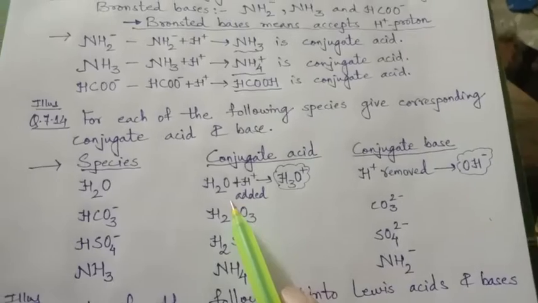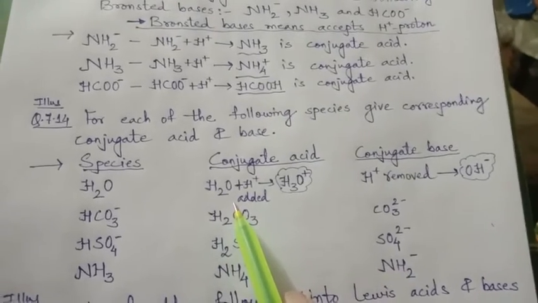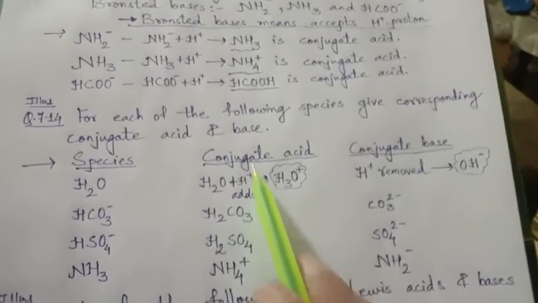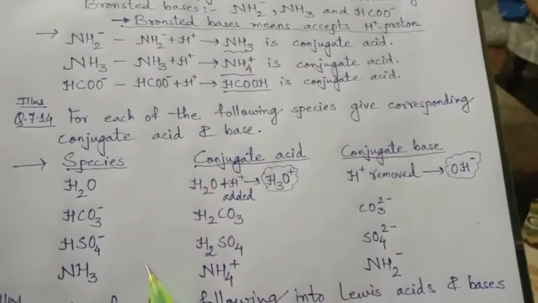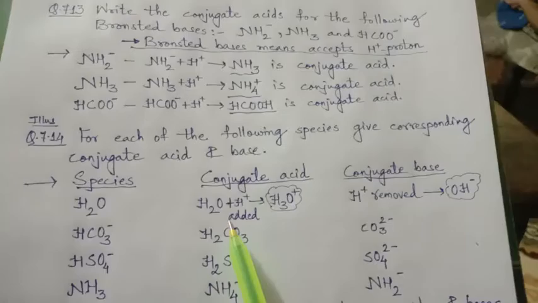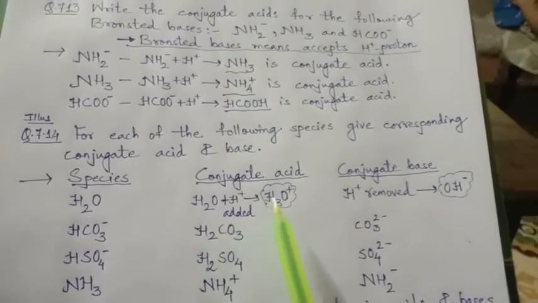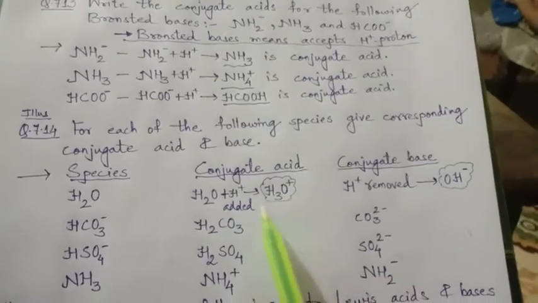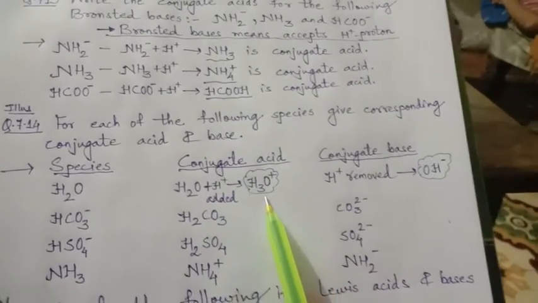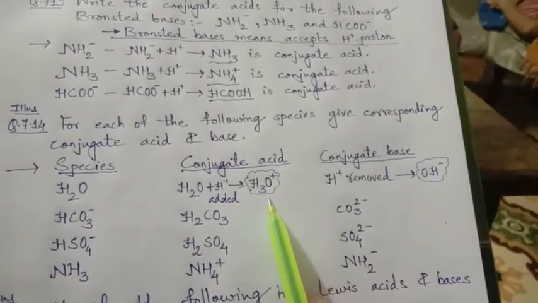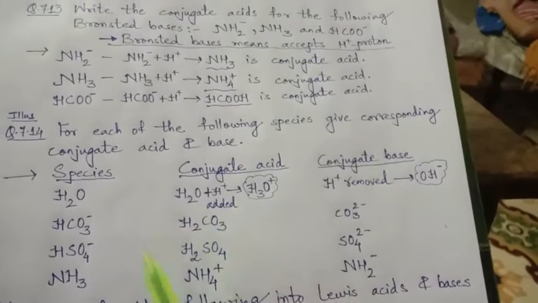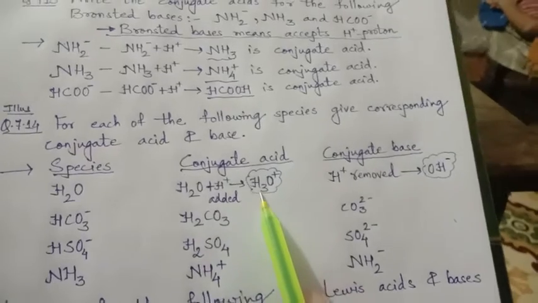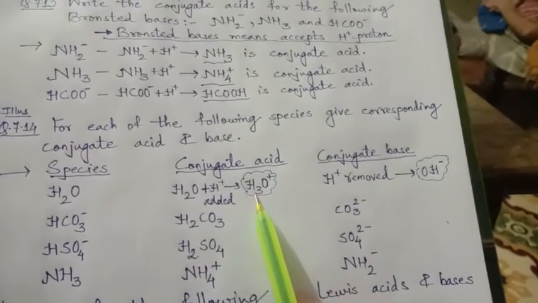When H plus is added to it, it will give H3O plus. That means H3O plus is the species which is left after the addition of H plus to H2O. So it will be the conjugate acid.